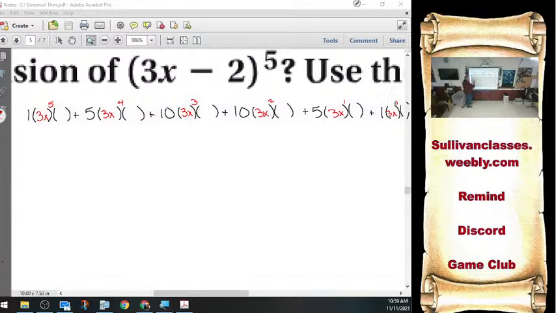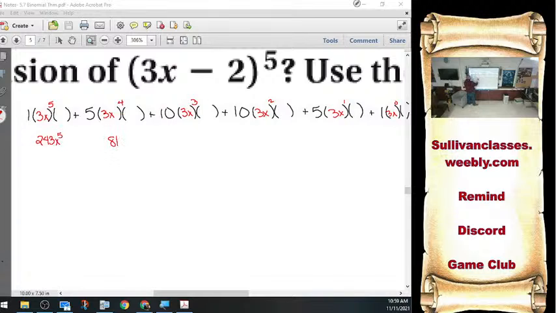While I have blue, I'm going to write below that. What is 3 to the 5th? No, that's 5 to the 3rd. 3 to the 5th? It's very big numbers. Remember when I said you should know perfect squares through 20, cubes through 10, fourths through 5, as many powers of 2 and 3 as you can get your hands on, because here it is, 243, x to the 5th.